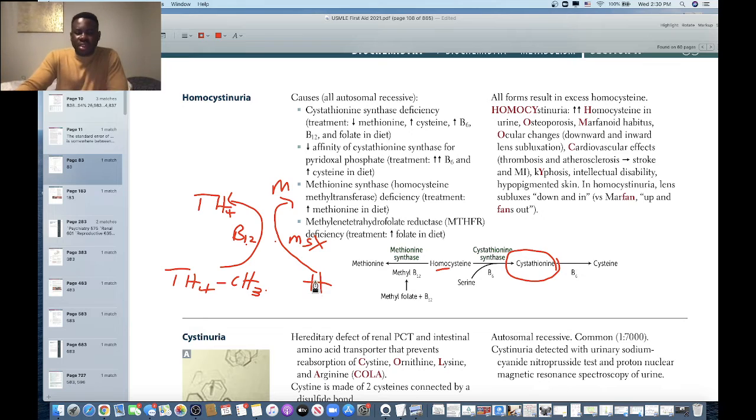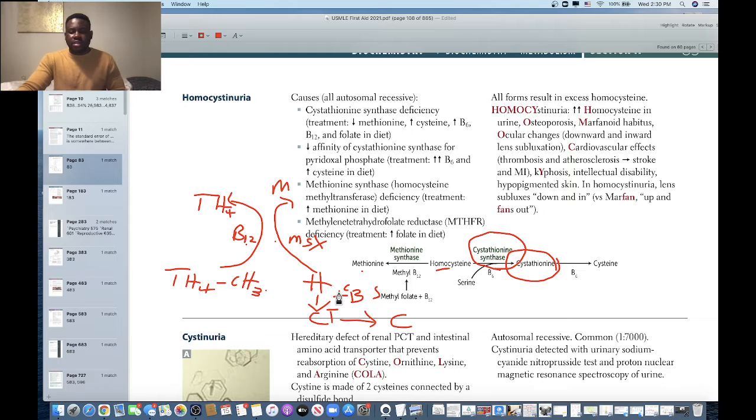The second way of getting homocystinuria is deficiency of this enzyme, which is called cystathionine beta synthase. Now, homocysteine can also be used to make cystathionine, and cystathionine will be used to make cystine, just as they have made over here. The enzyme here is the cystathionine beta synthase.